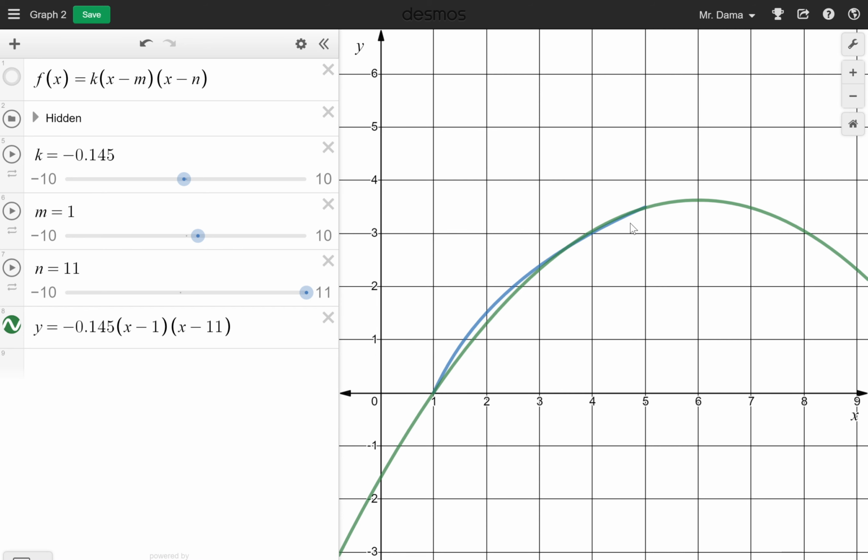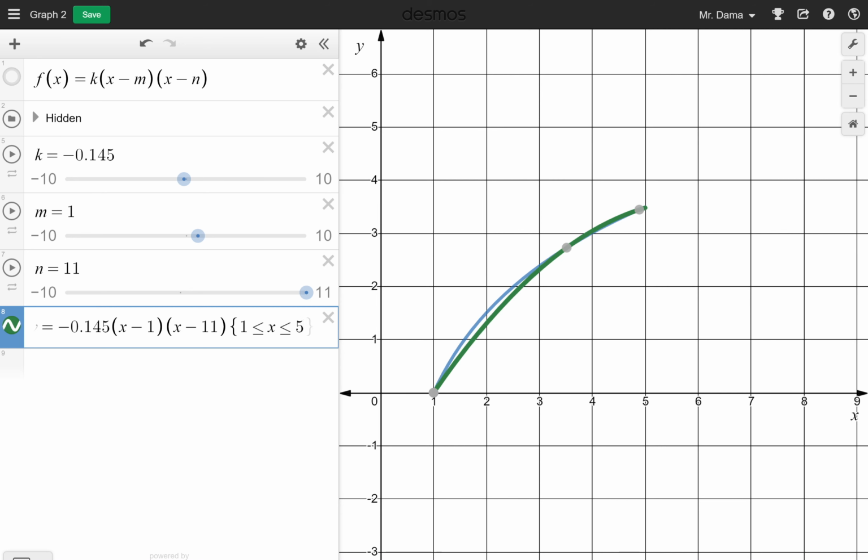And it looks pretty good, and I'd say it looks pretty good from 3 to 5, but it looks pretty not great from 1 to 3, but then it's like, I don't even need it outside of that range. And so what I'm going to do is I'm going to put my domain in here, and I'm going to say put my domain as 1 to 5.